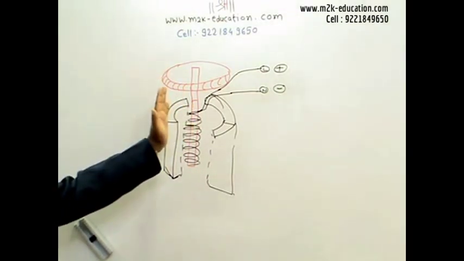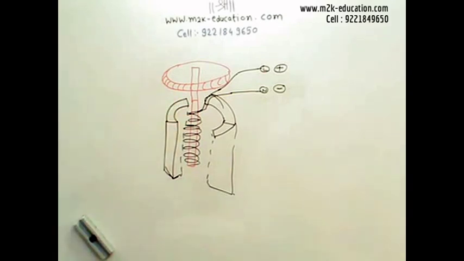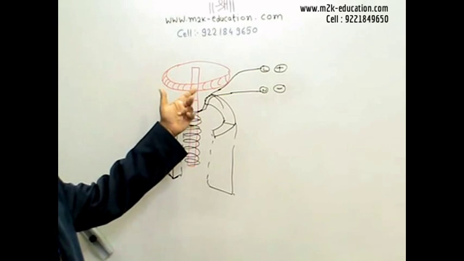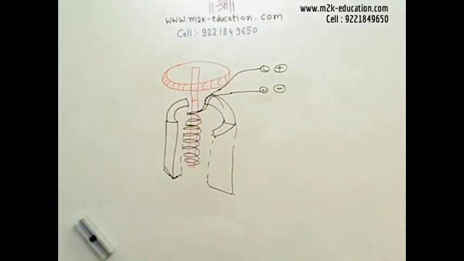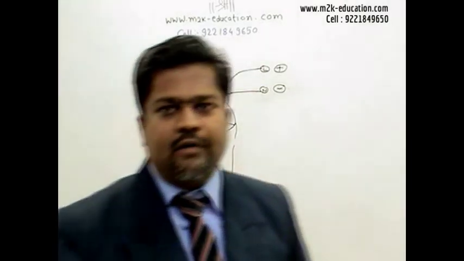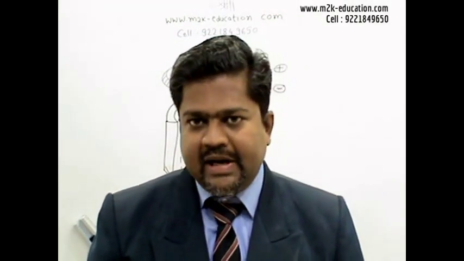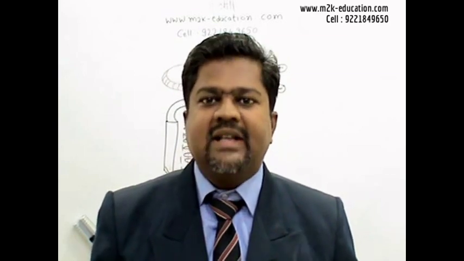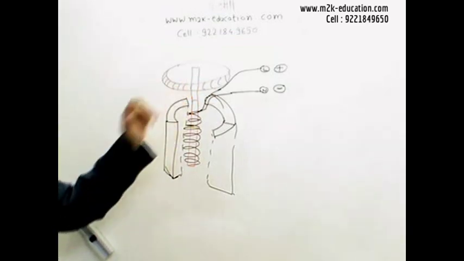This is again a schematic diagram. In actual practice, several gears are involved, but here I am showing it directly. So as this shaft rotates, electricity is produced from here. This is the simple principle of generation of electricity. I call this a generator or dynamo. This part is the generator, whereas the wheel is the turbine.